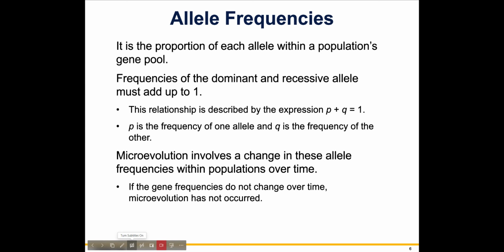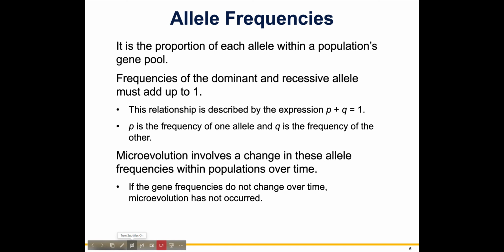And then microevolution is just calculating a change in these allele frequencies over time. So how this would work in the real ecological world is an ecologist would go out, sample a population, and figure out how many dominant alleles p and how many recessive alleles q are in that population.